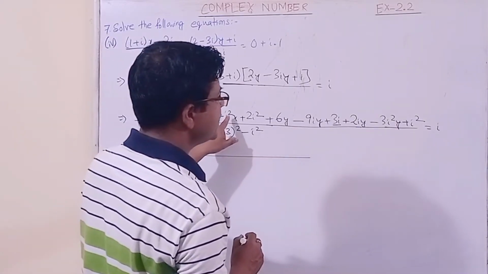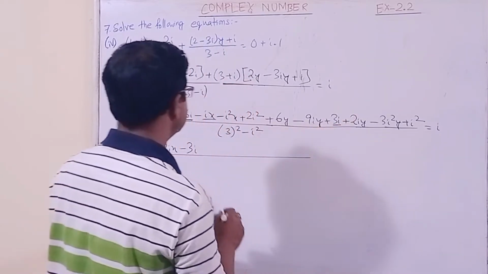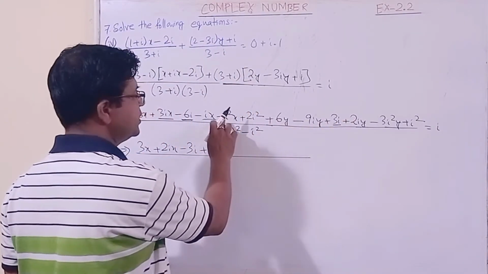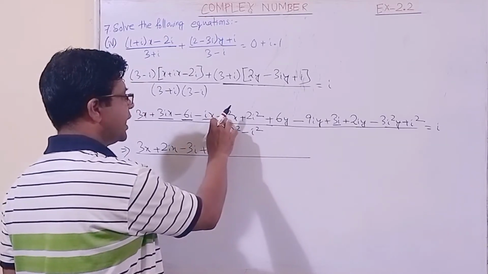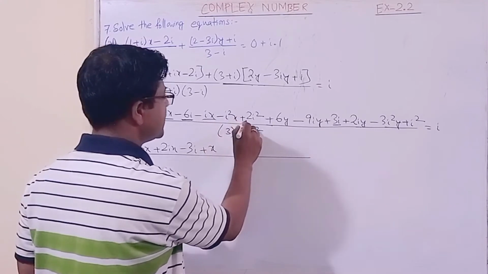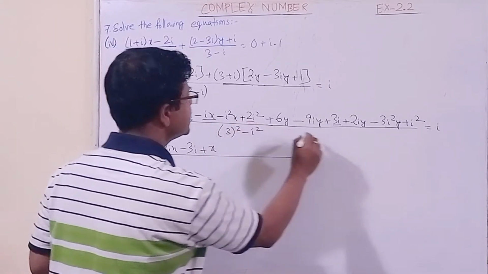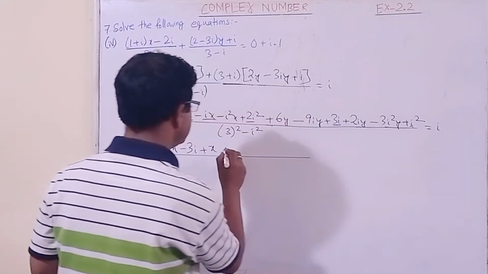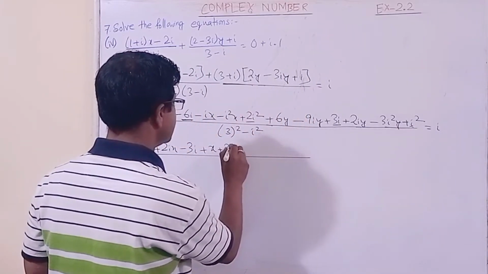Here it will become plus x, because minus i square is minus 1. The minus and minus become plus. Then there is 2i square and another i square, so that becomes 3i square.